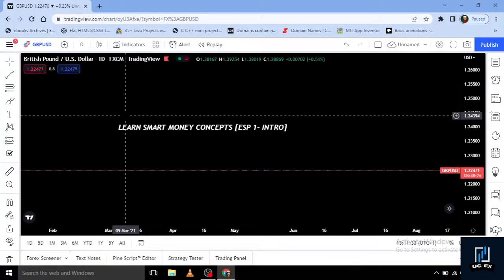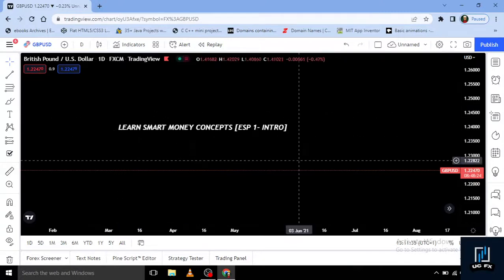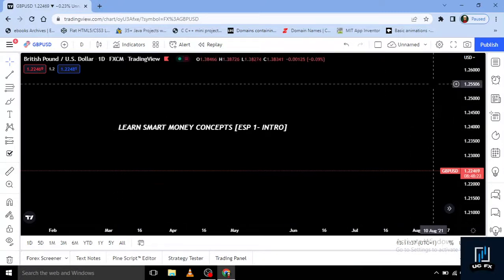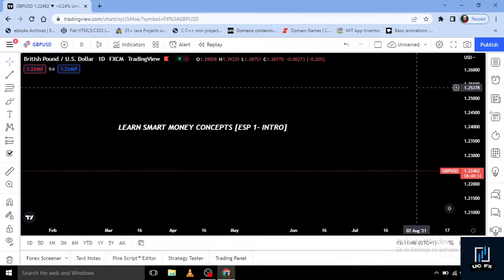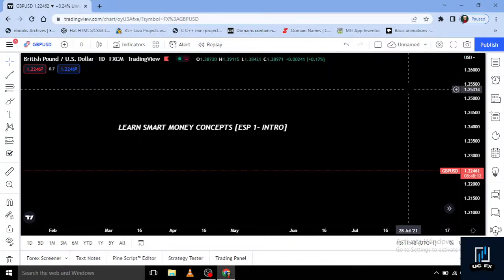Just like I have on my screen, the smart money concept. I know most of us must have heard about the smart money concept, and most of us might not have heard about it. But from what I have here, the smart money concept is basically a way to replicate the way the big banks and the big institutions trade the forex market.